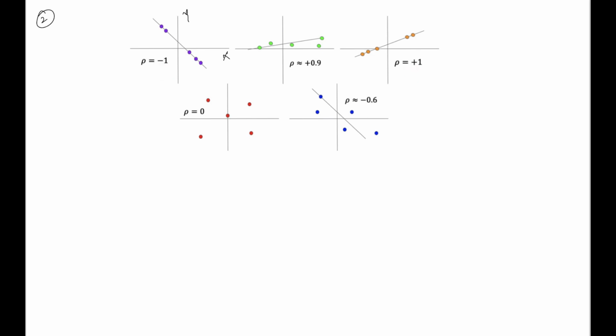Let's proceed to the next question. Let's try to look at this problem. Suppose x and y are random variables where y is equal to -5x plus 2. Find the correlation coefficient between x and y. You do not even need to pick up the pen to calculate the correlation coefficient for this question.